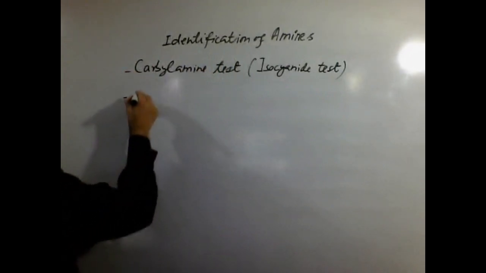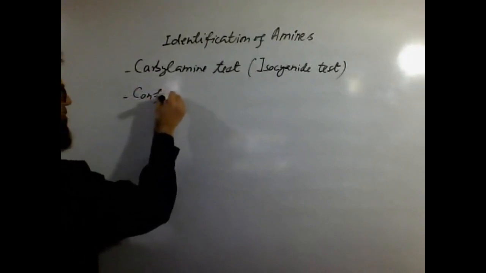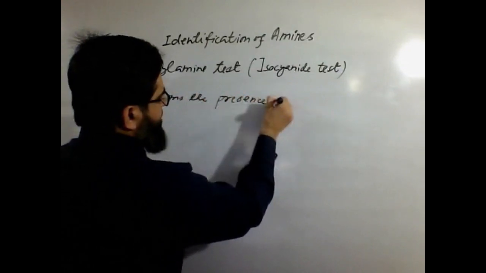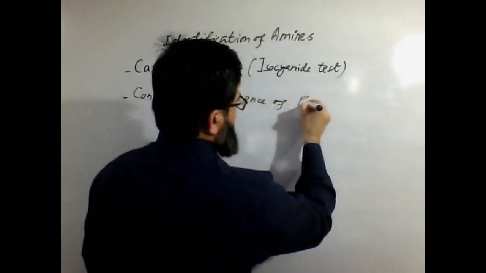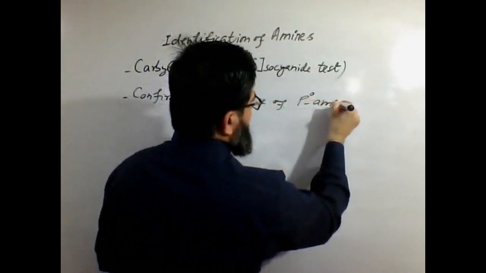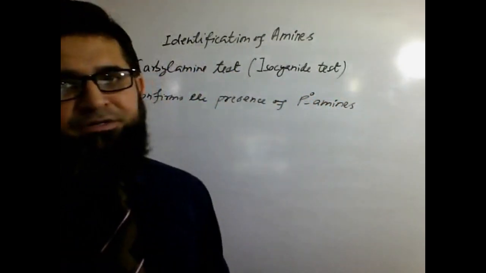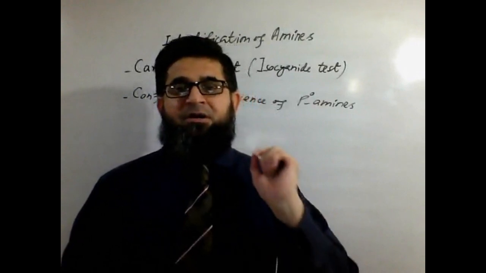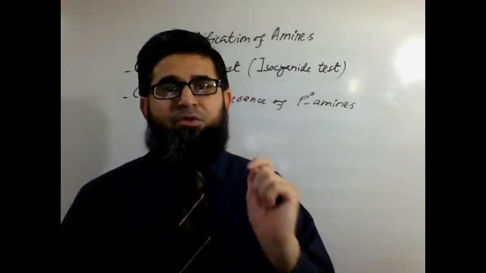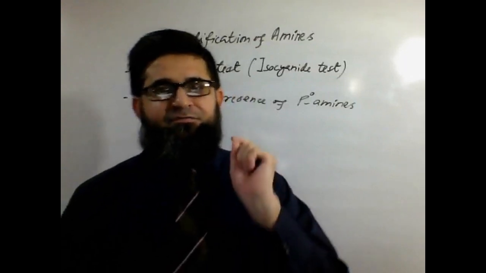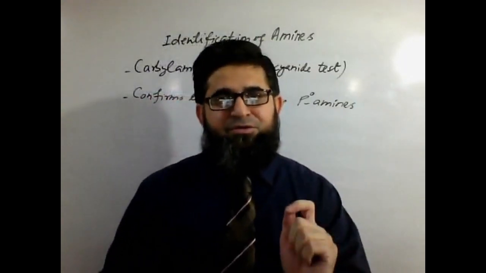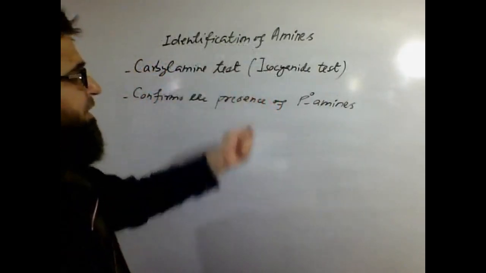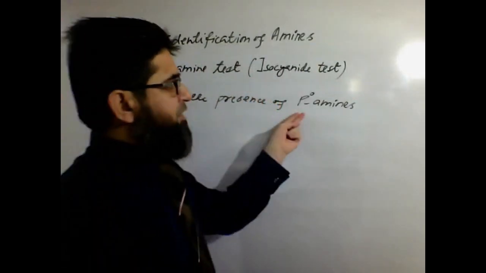Secondly, this test also confirms the presence of primary amines only, as was the case with the diazotization test. The diazotization test is also applicable only to primary amines. If primary amines are present, they will undergo diazotization to produce diazonium salts. Similarly, this carbylamine test is applicable only to amines which are primary.